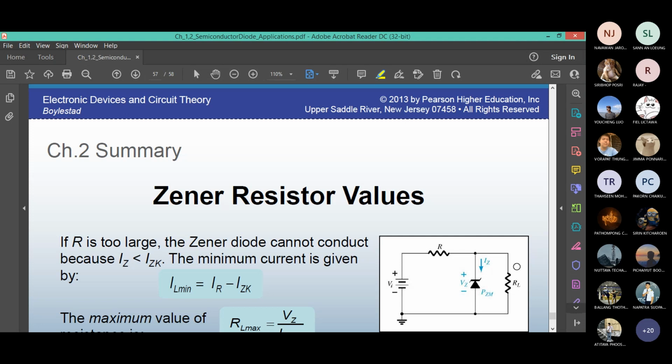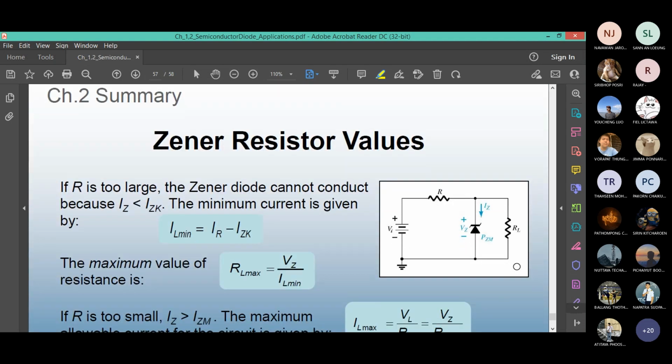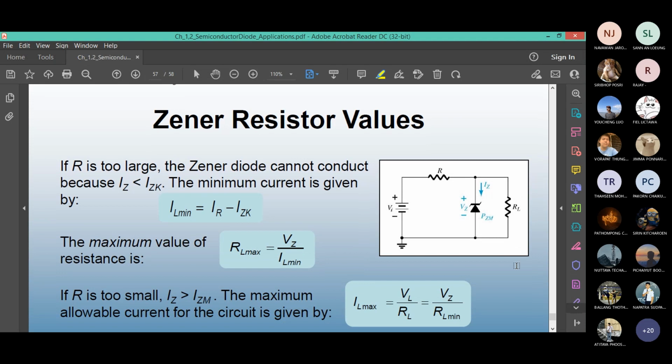Before we do any problem, we have to do some explanation. There are a few things to consider. If your input resistor R is so large, there is a possibility that the current coming from the main supply is not enough. For large resistors, you will have small current.